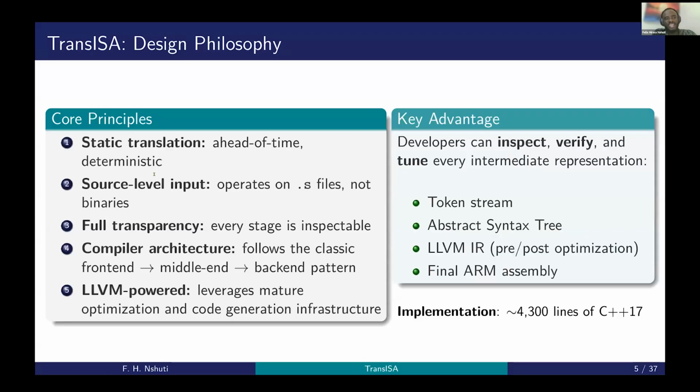The design philosophy of this project is static transpilation that works on source code instead of binary code. There is full transparency at every stage, as we will see in the coming slides. You can inspect the intermediate stages of your translation process.